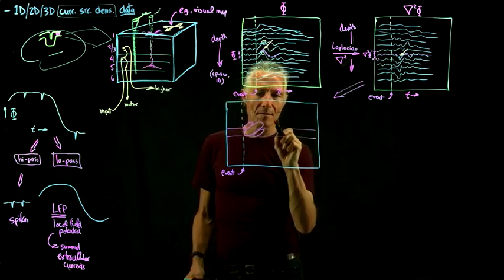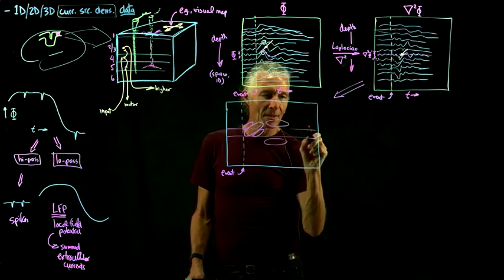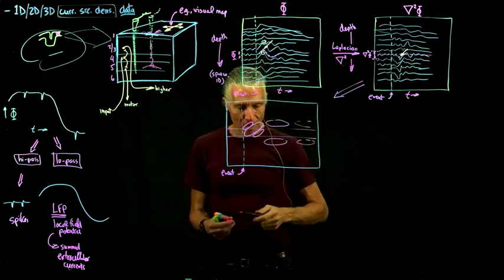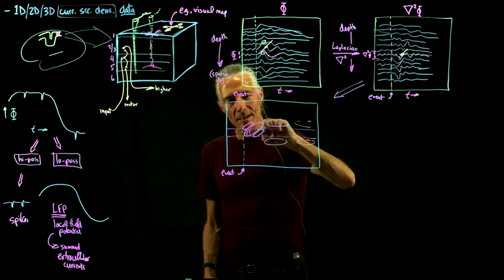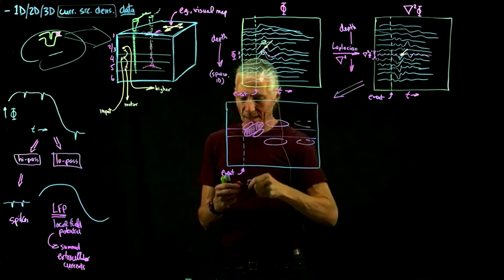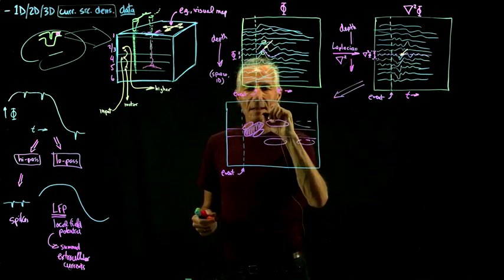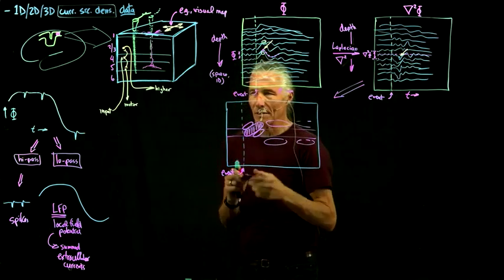and then a smaller one over here. So we'll color in the sinks. This guy's a sink, and a sink means a negative current source density where current is disappearing.